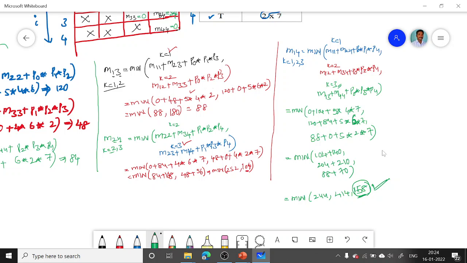Now we want to find what is the matrix chain for it. So for this one, be careful while finding the solution. So k equal to 3, in the sense this equation gives the result. In this equation clearly observe M13 and M44.